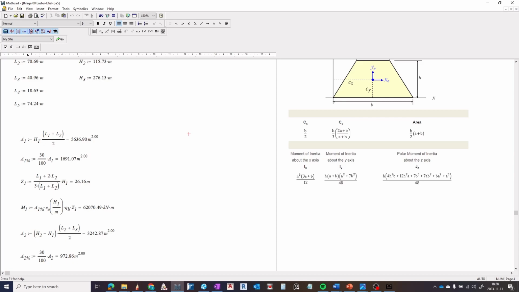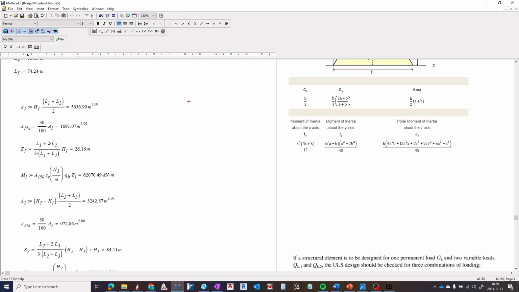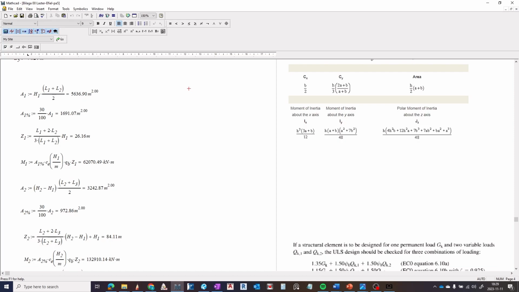I get 62,070.49 kilonewton meters. The same procedure I made for area number 2. I take only 30%, a little higher.